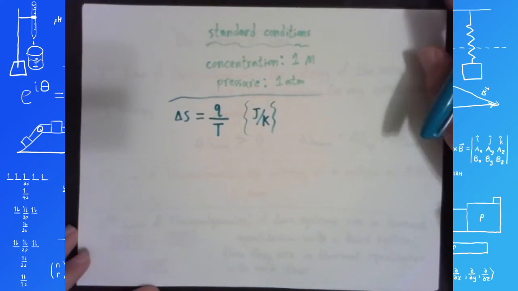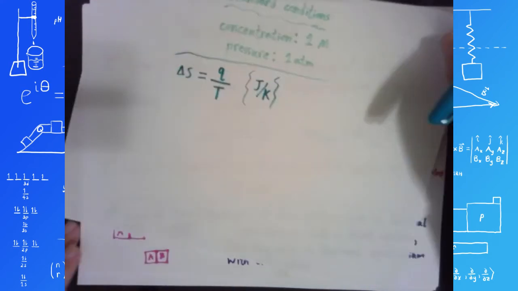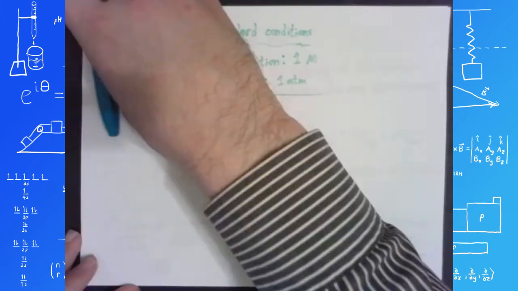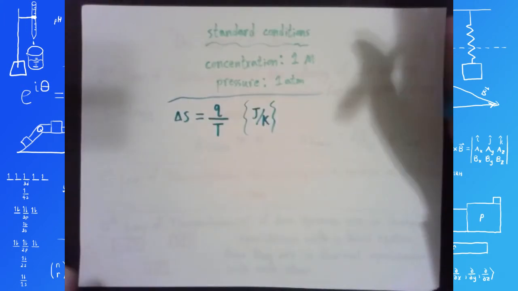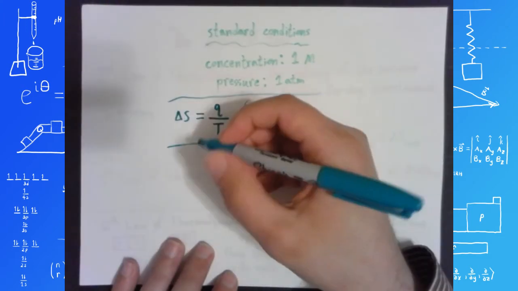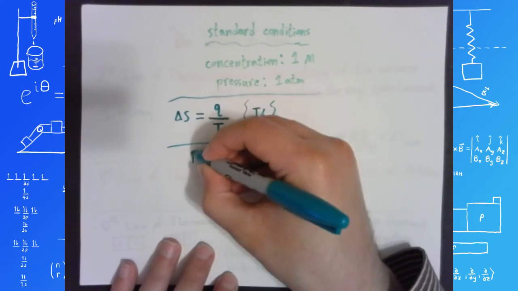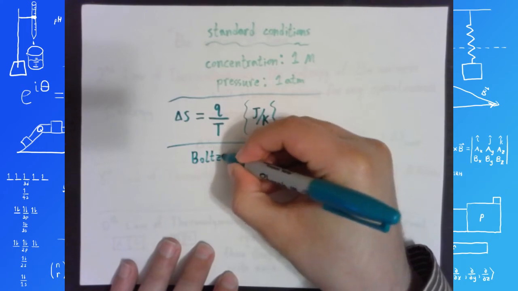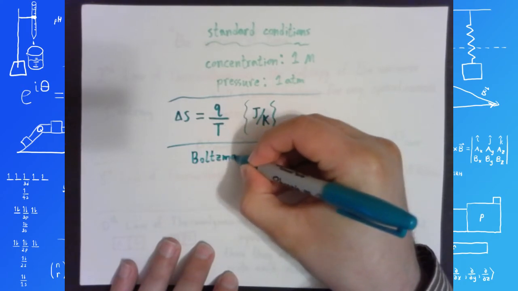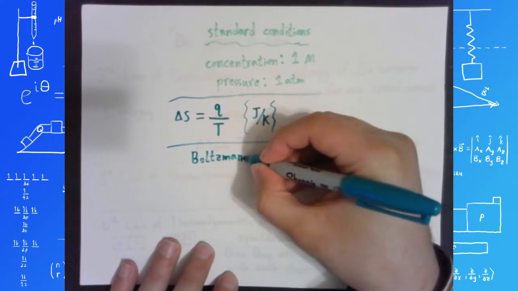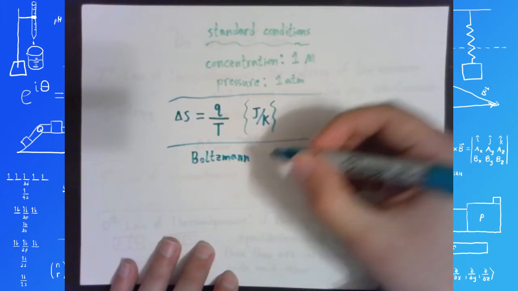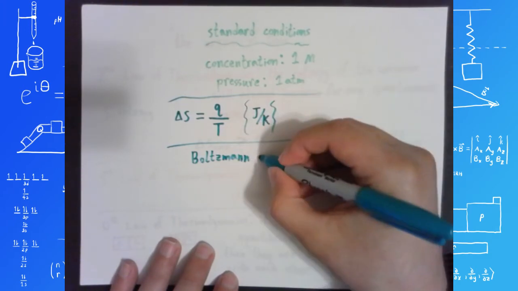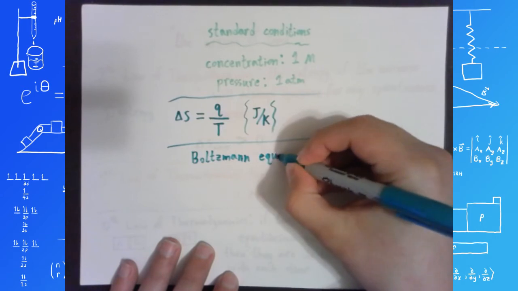And I guess this actually ties into the third law of thermodynamics. There is actually a formula. It's the Boltzmann equation. My oh my, have we heard a lot about Boltzmann.